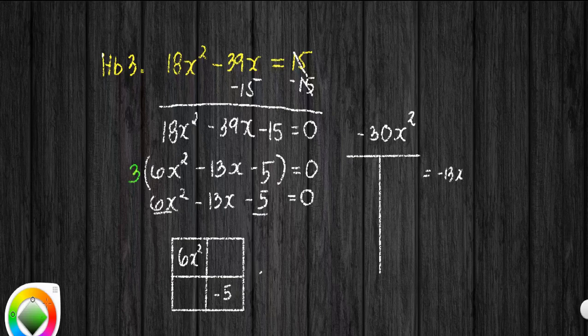Let's try the first numbers: 1x times negative 30x becomes negative 30x squared. When we add these, that is not equal to negative 13x. So let's look for others.